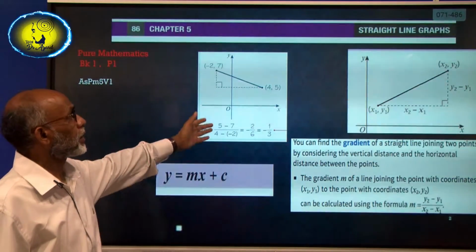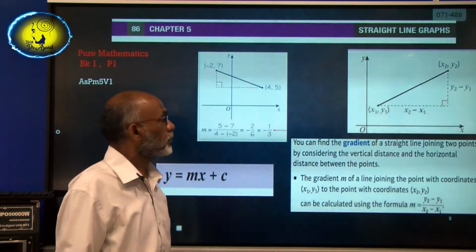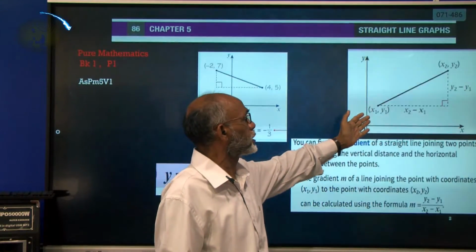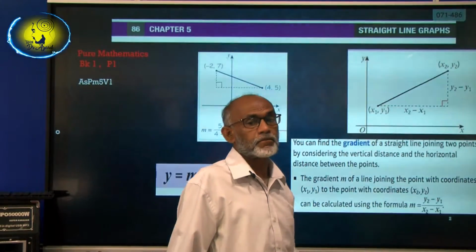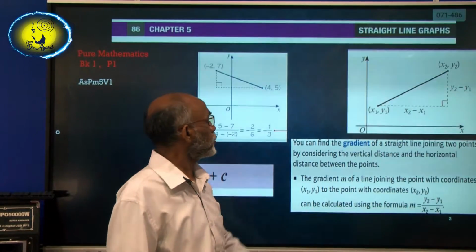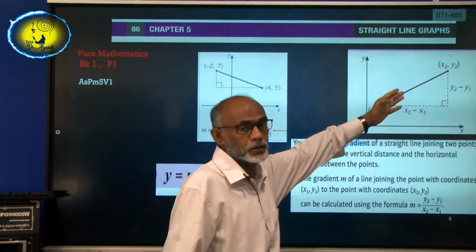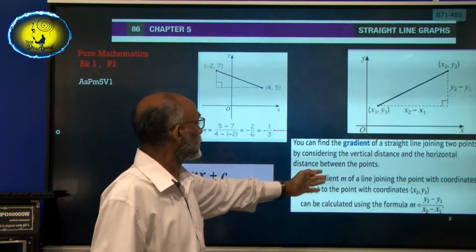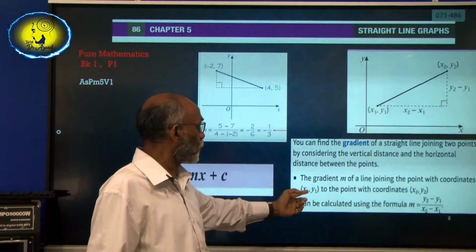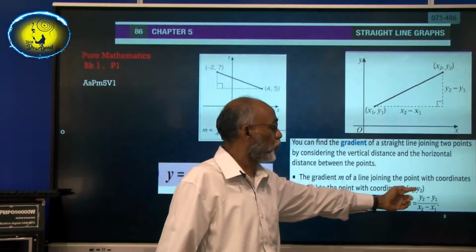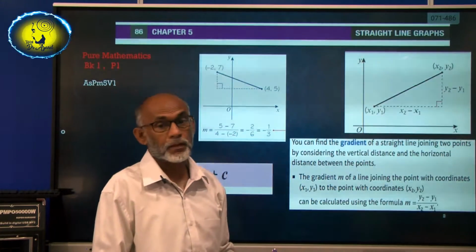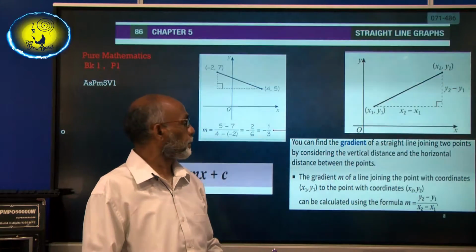Today is all about straight lines. In straight lines, we first identify the coordinates of 2 points. Once you identify the coordinates of the 2 points of the straight line, let's talk about x1, y1, x2, y2 as given in the display.